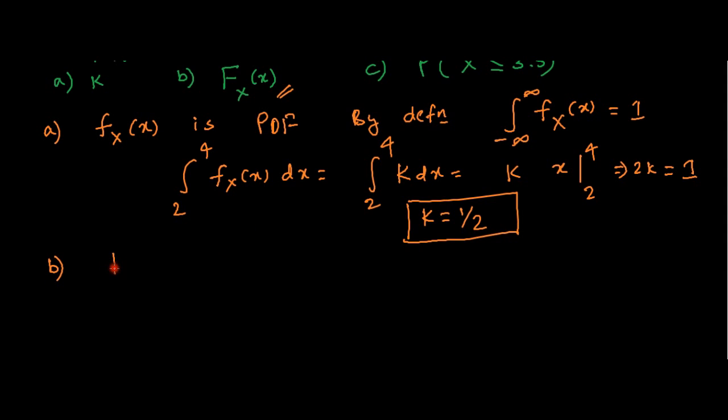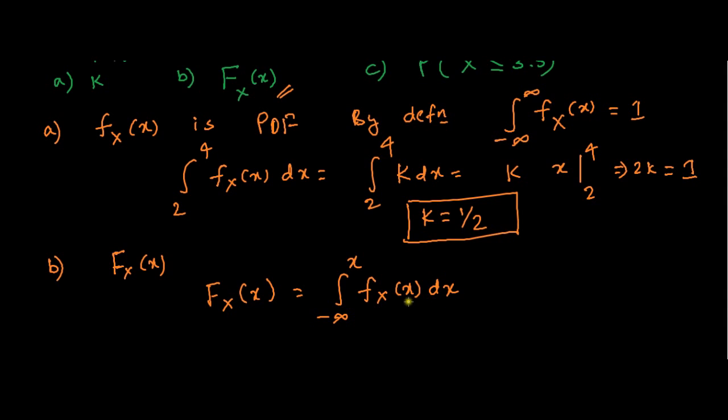To find the cumulative distribution function F of x, there is another identity: the cumulative distribution function is, by definition, the integral of the PDF from the limits minus infinity to this value of x.